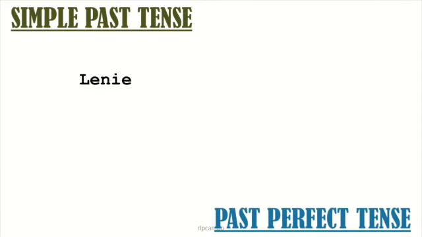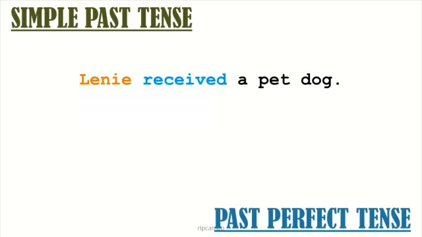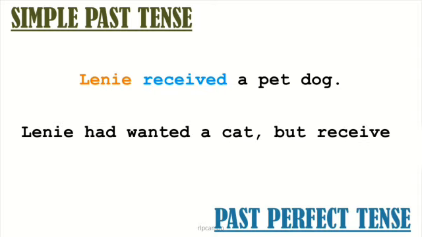Second example, Lenny received a pet dog. The subject here is Lenny. Then, there is no time indicator in the sentence, but the verb received is expressed in the past. And the past perfect tense transformation can be: Lenny had wanted a cat but received a dog.